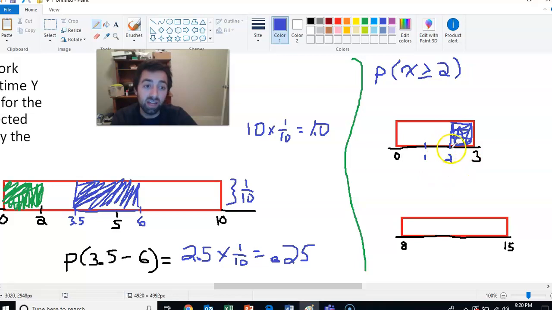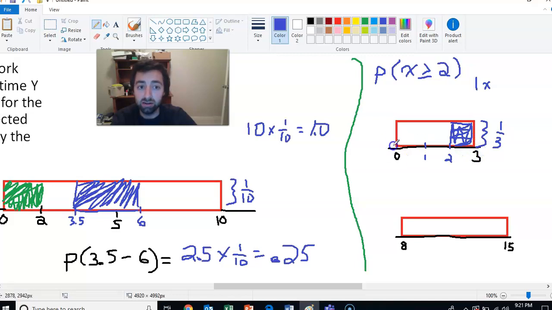Now, what's our length here? What's the length between 2 and 3? That's going to be 1. But what do we multiply that by? Well, if this whole area of this rectangle must be 1, and the length of the whole thing is 3, then the height has to be 1/3, because 1/3 times 3 is equal to 1.